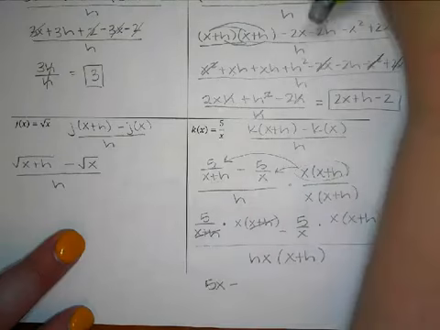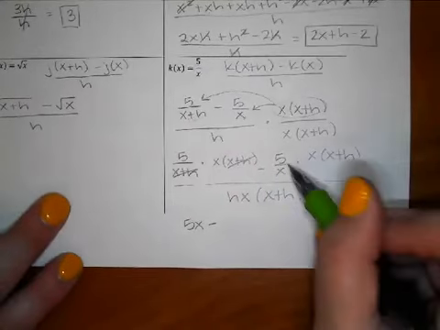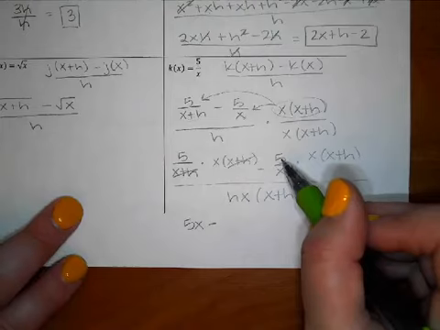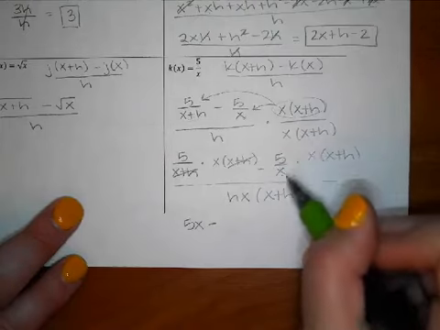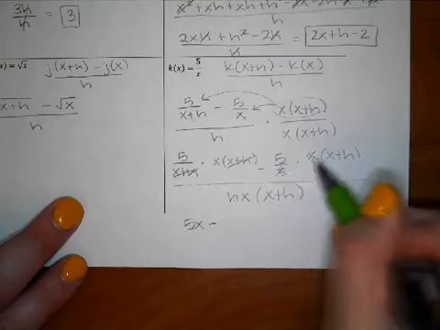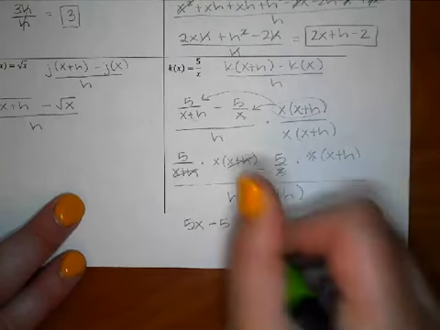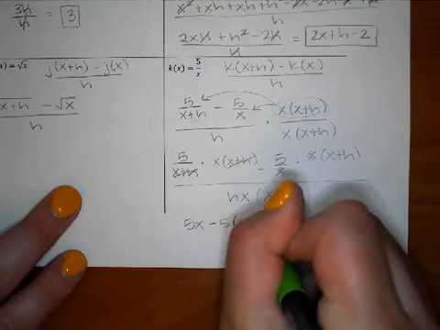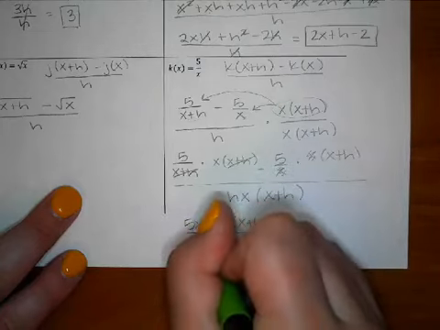When I do this part, I can see that I have the 5 right here. The divide by x and the times by x, those are going to cancel each other out. And I'm just going to have 5 times x plus h. I switched these because it feels weird to write hx.